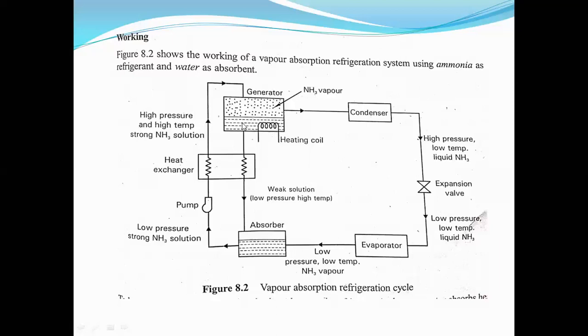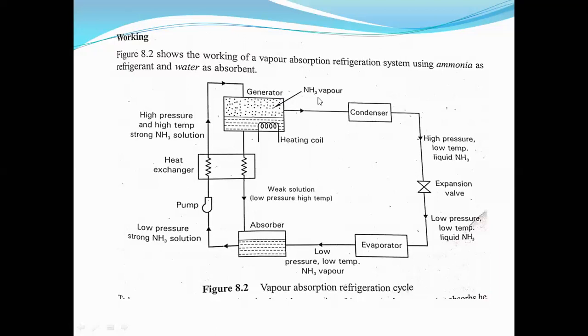That weak ammonia solution circulates into the absorber, and it mixes with the low pressure vapor, thereby becoming strong. So when it enters into the generator, the vapor floats on the surface, and the remaining liquid phase enters into the absorber.